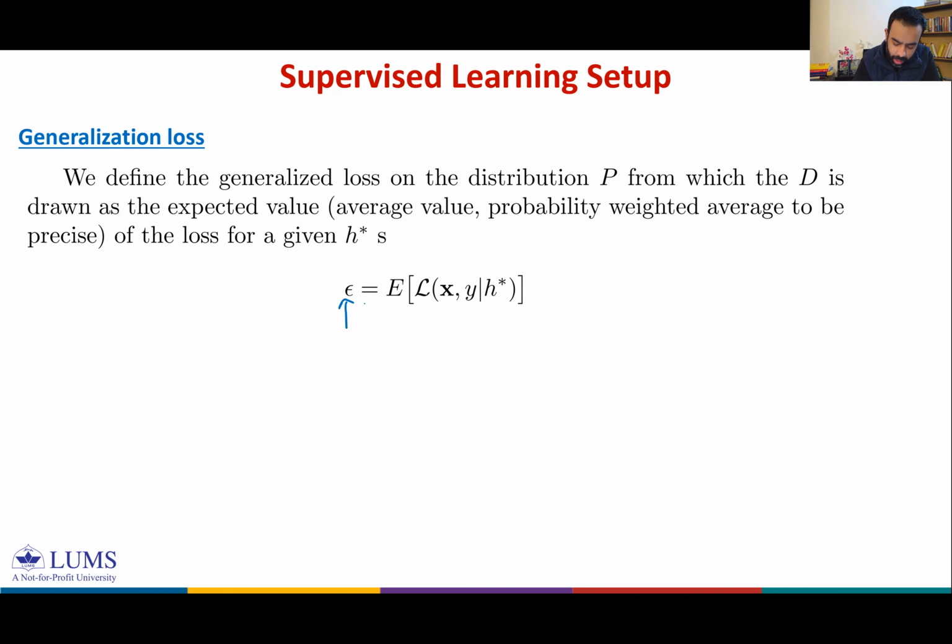We denote it by epsilon, expected value of the loss function given H star. So this expected value is irrespective of the training data, and losses over all the points in the distribution.